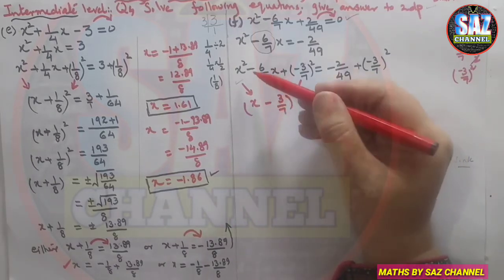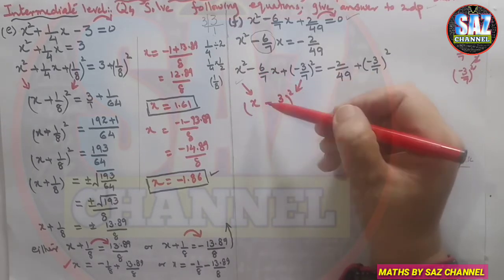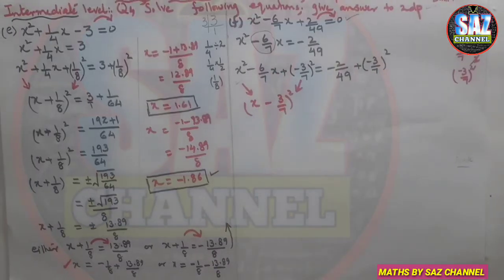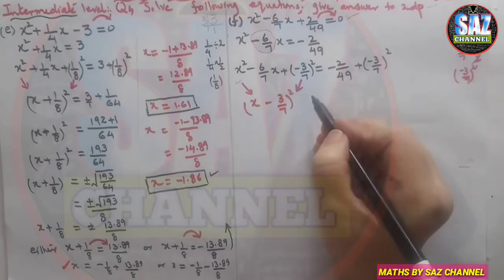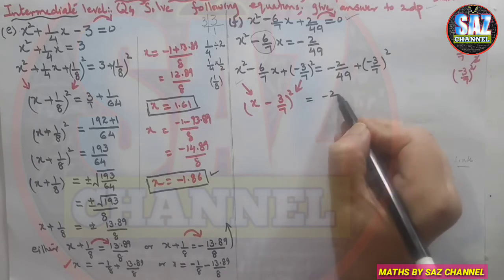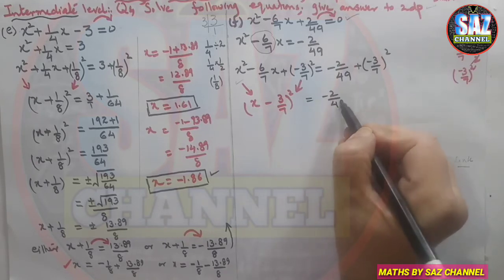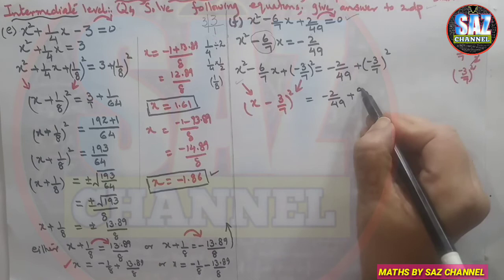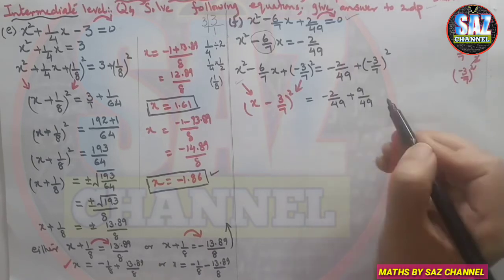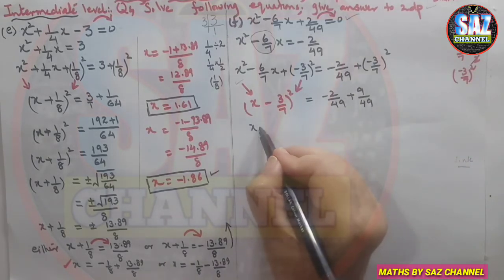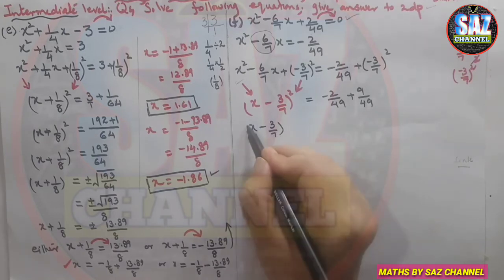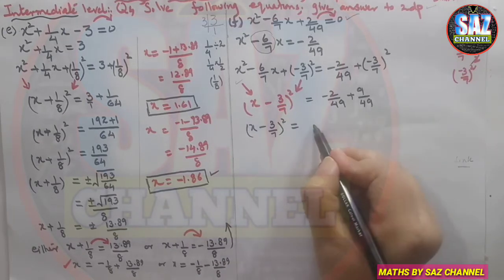Because the middle term is negative. This is really important to understand. Now the other side will be minus 2 by 49 plus 9 by 49.